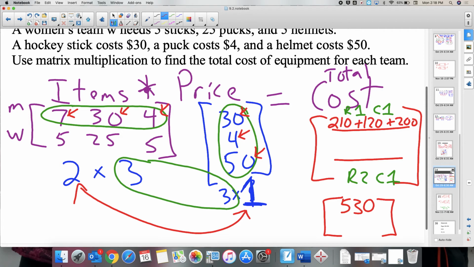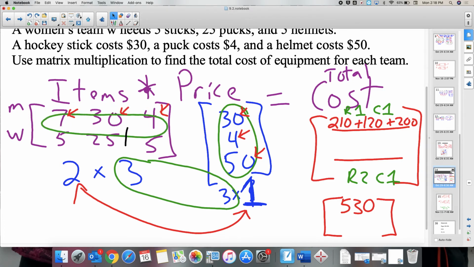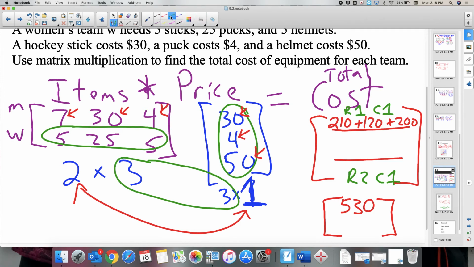Let's do the bottom one now. Row 2 times column 1. Once again, we'll do first value times first value. That's 5 times 30 is 150. Second value times second value, 25 times 4 is a positive 100.